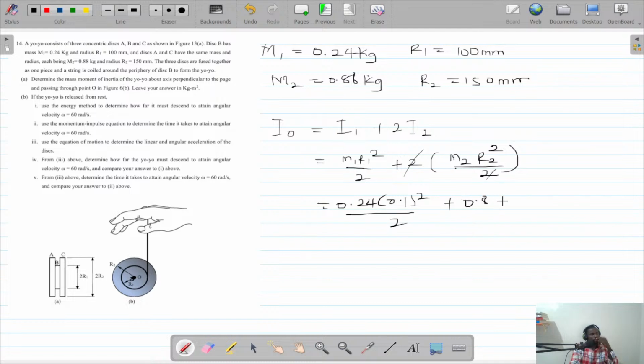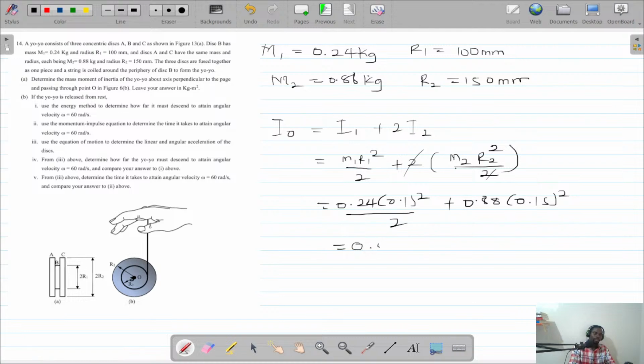Then 0.88 multiplying 0.15 squared, and that will be 0.12 times 0.1 squared plus 0.88 times 0.15 squared.